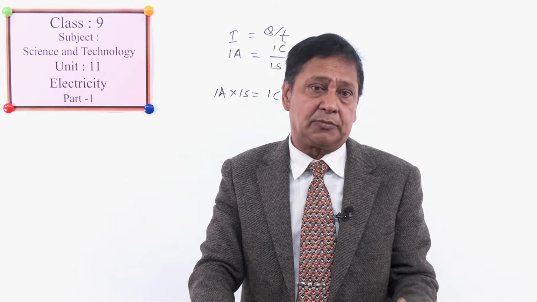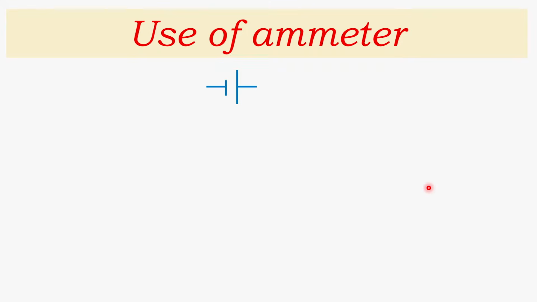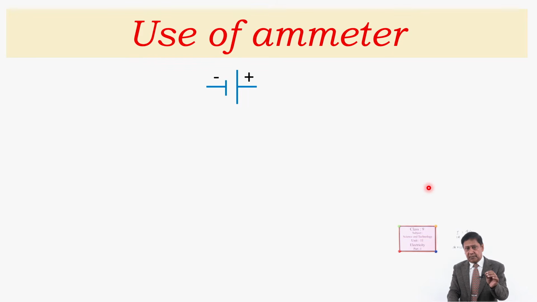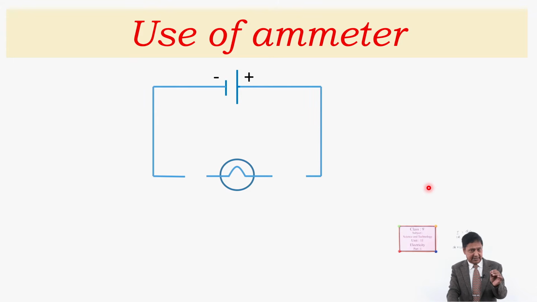Use of ammeter, we have to remember that a cell has a positive and negative terminal. When we connect it with a bulb like this, we can connect a switch also over there, and we have to connect the ammeter to measure the flow of current in this circuit. Then we will connect this way.